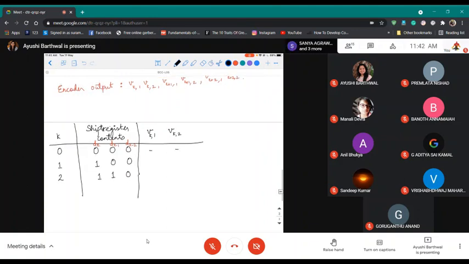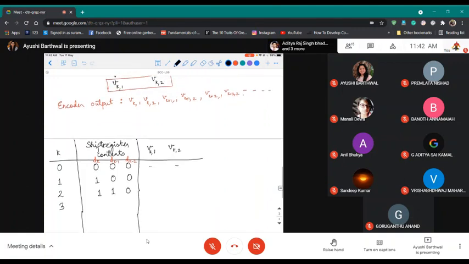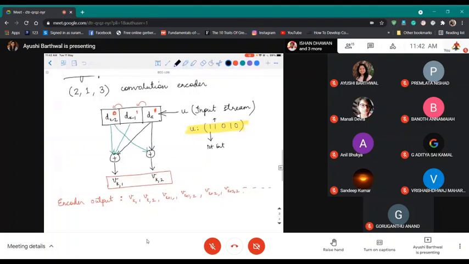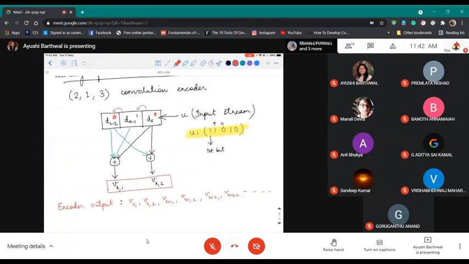At k is equal to 3, the next cycle, our third bit will enter. This is your third bit. 0 will enter and this 1 will be shifted here.